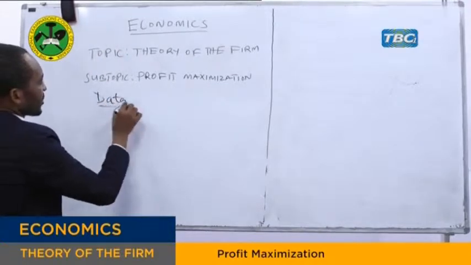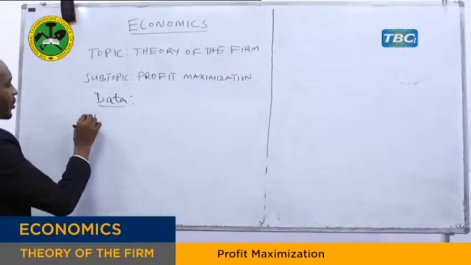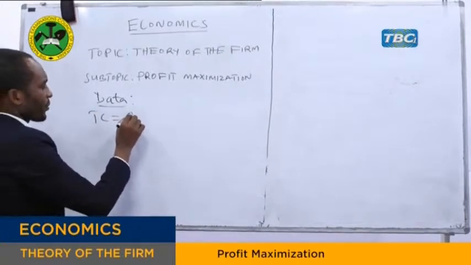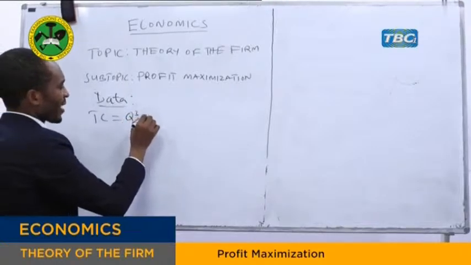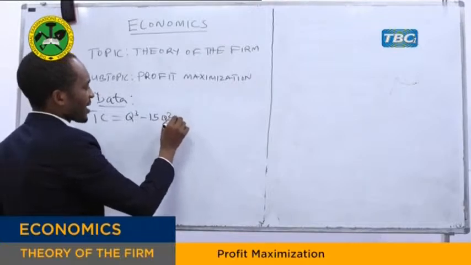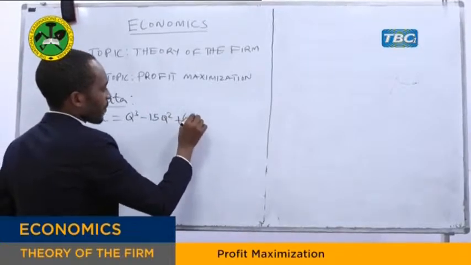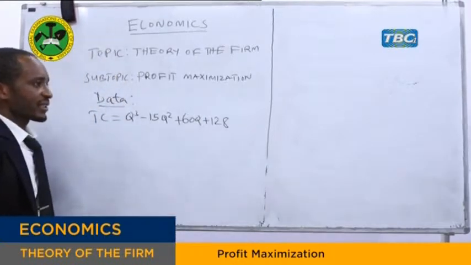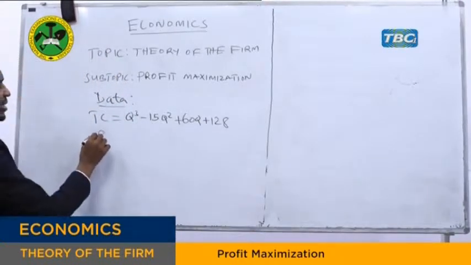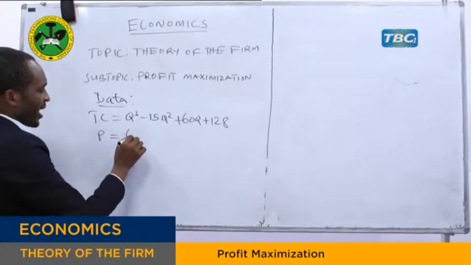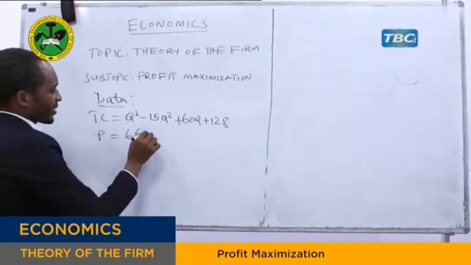The data we are given: the total cost, which is Q cubed minus 15Q squared plus 60Q plus 128, and the price of the commodity, which is 660 shillings.